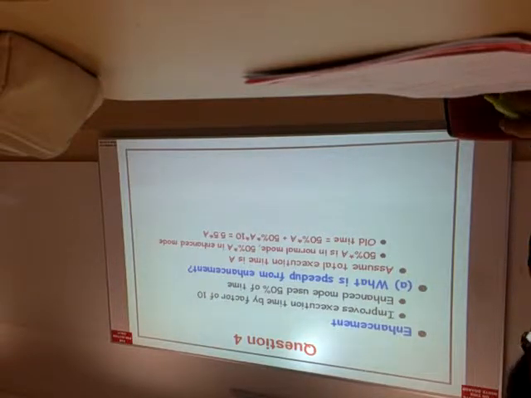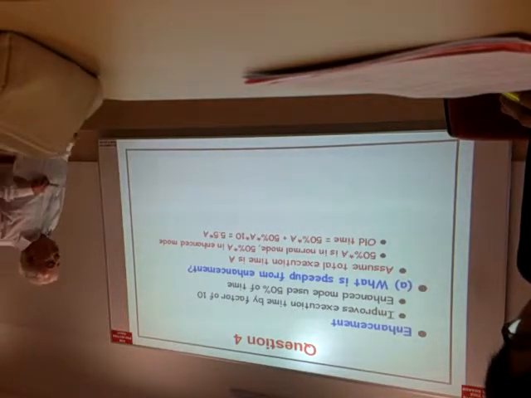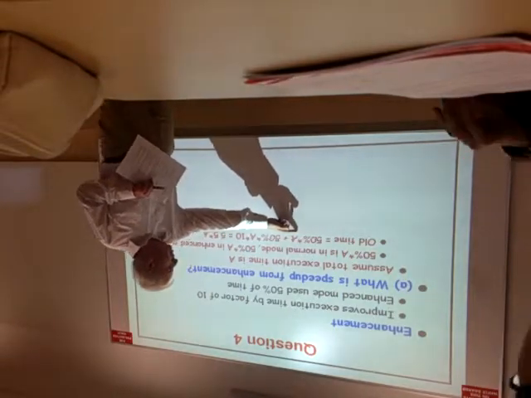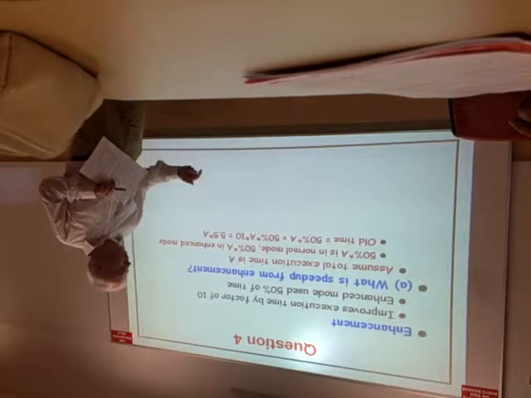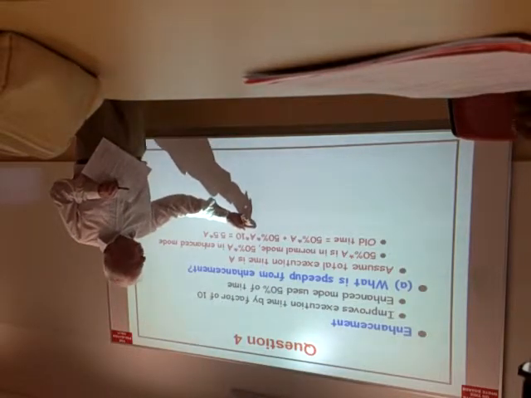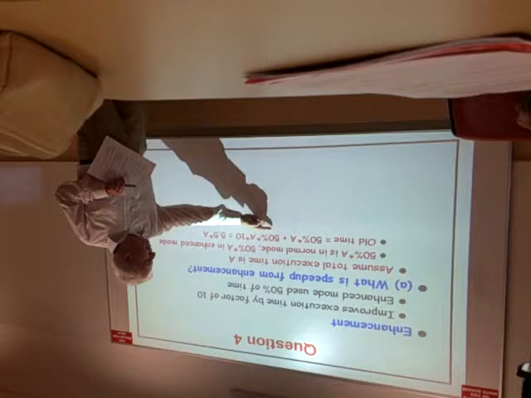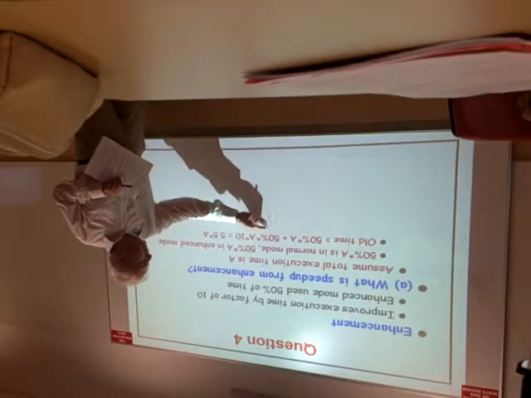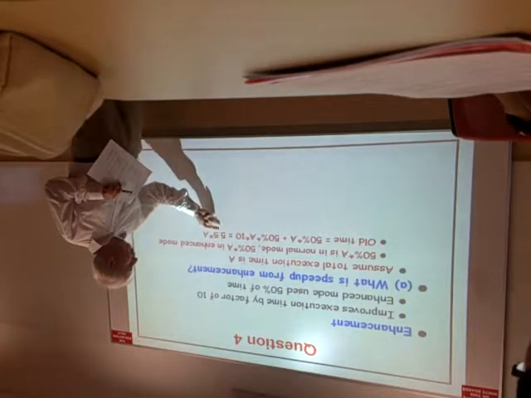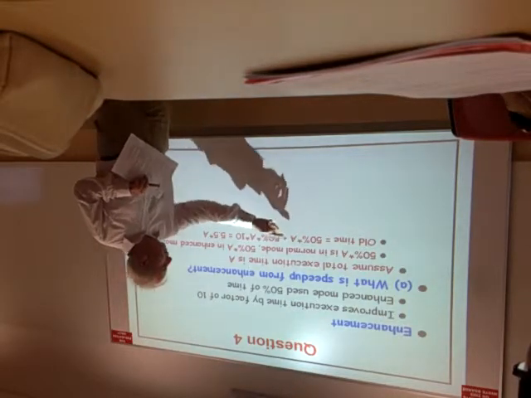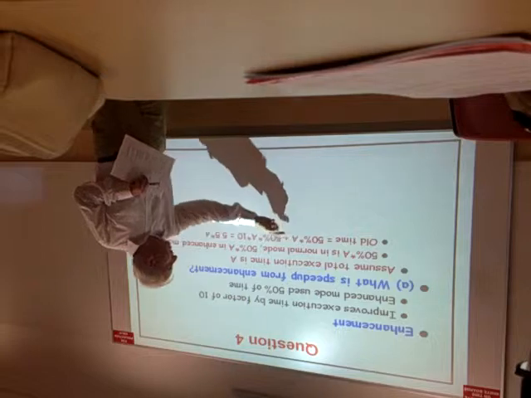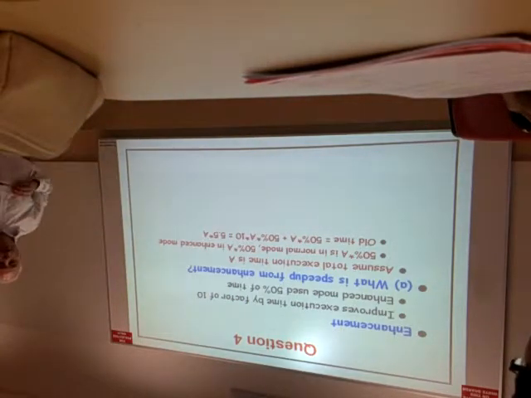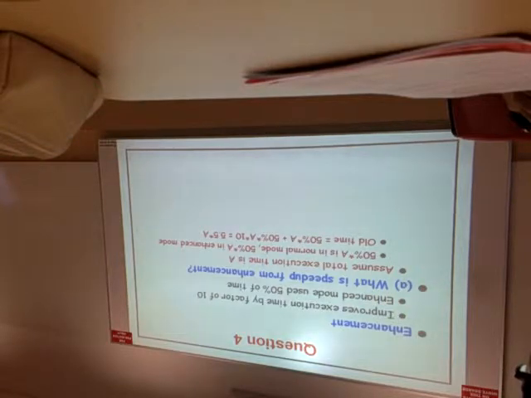So if we didn't use the enhancement, the 50% in normal mode would still take 50% times A. And the 50% in enhanced mode would take 10 times longer, so it would take 50% times A times 10, or altogether we have 0.5A and 5A, so it's 5.5A. Okay, so the old time is 5.5A.